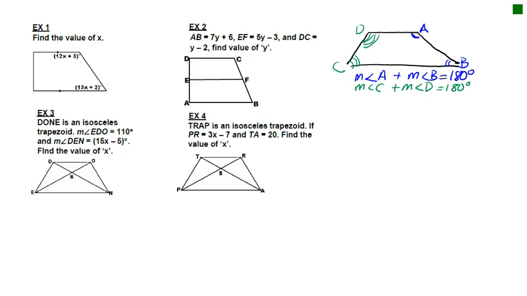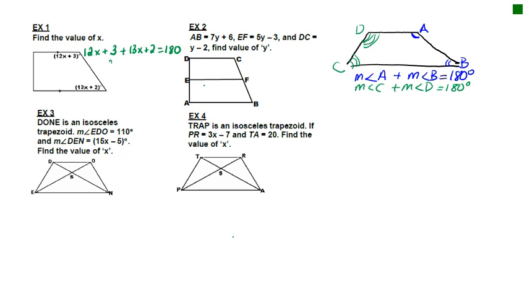All right, so if I look at these two angles, if I have the 12x plus 3, and I add it to the other angle, the 13x plus 2, those two angles are supplementary. One's on top base, one's on the bottom base, and they share a leg. When I add those two things, it's going to equal 180.